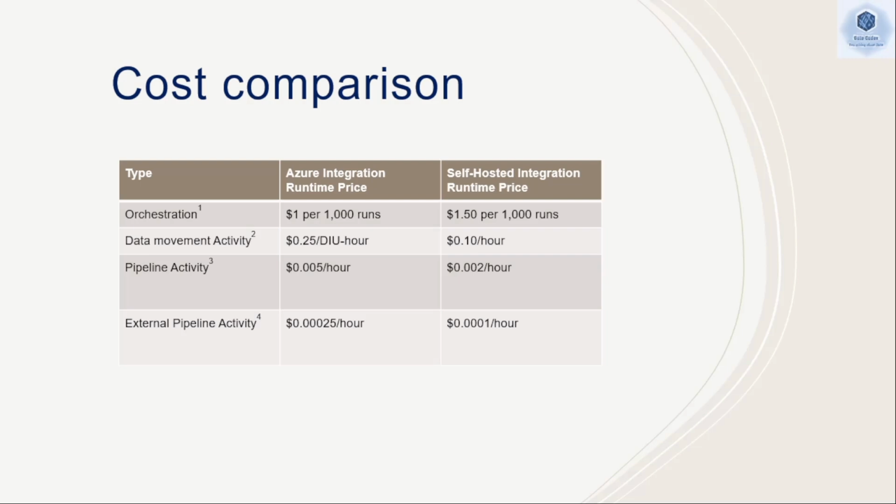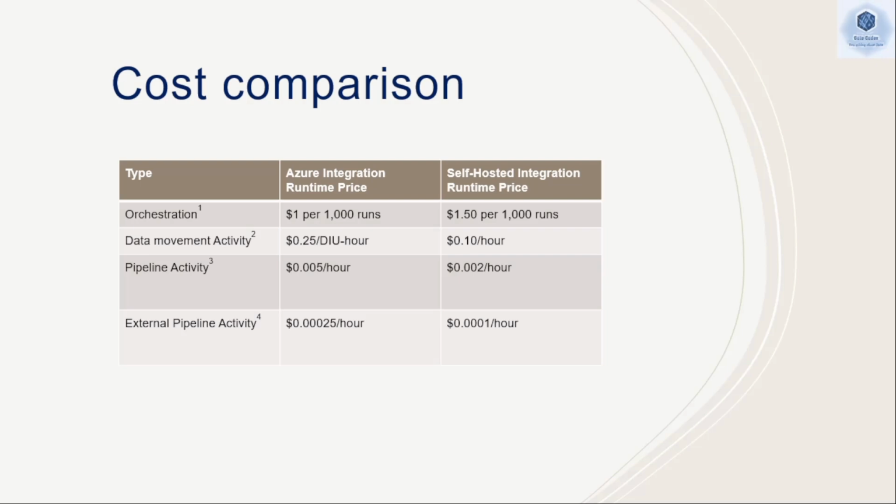For data movement activities you may be charged up to $0.25 per hour in auto resolve integration runtime, and it might be $0.10 per hour for self-hosted integration runtime. And for pipeline activities you may be charged up to $0.005 per hour in auto resolve integration runtime, while for the self-hosted integration runtime it would be $0.002 per hour.